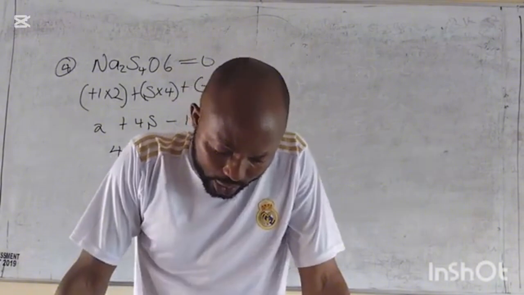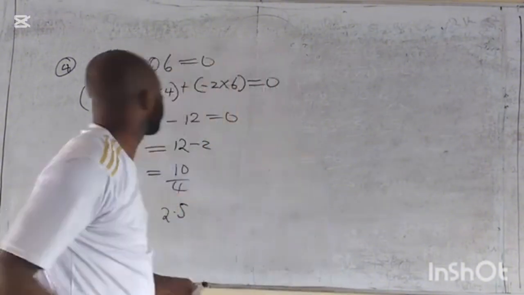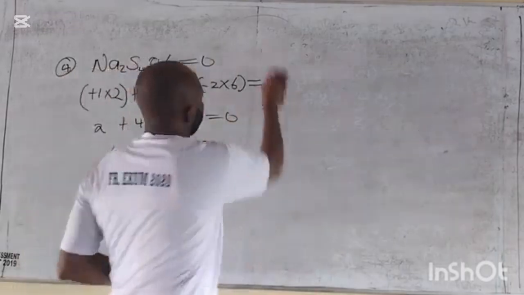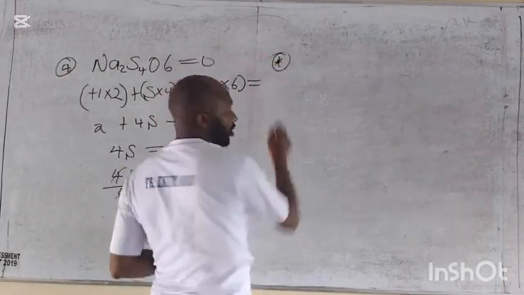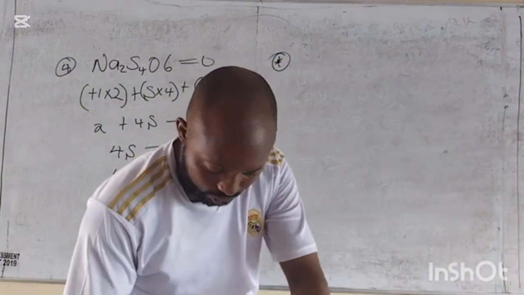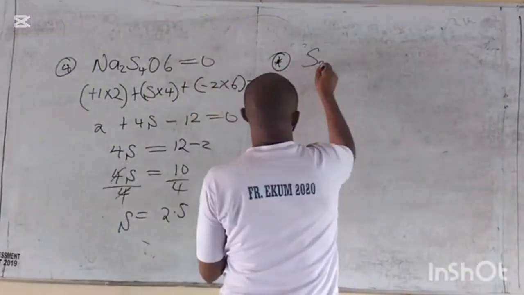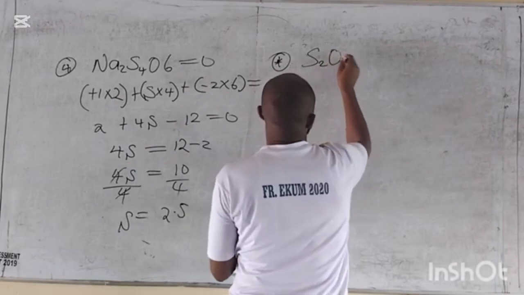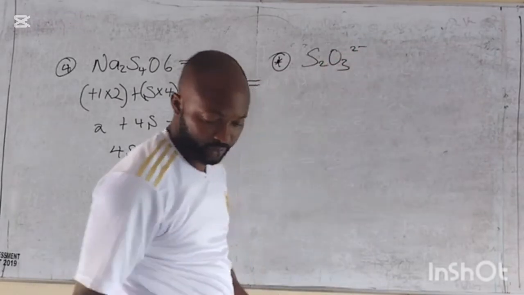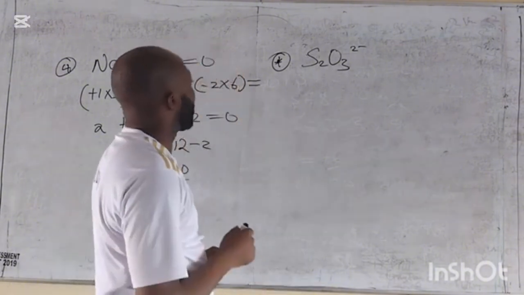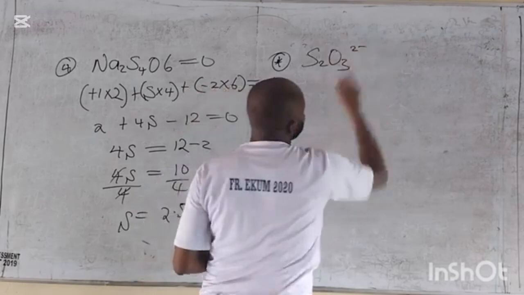Let's take another one. Calculate the oxidation number of sulfur in this compound: S2O3 2 minus. Now we say all of this is equal to the charge, which is minus 2.